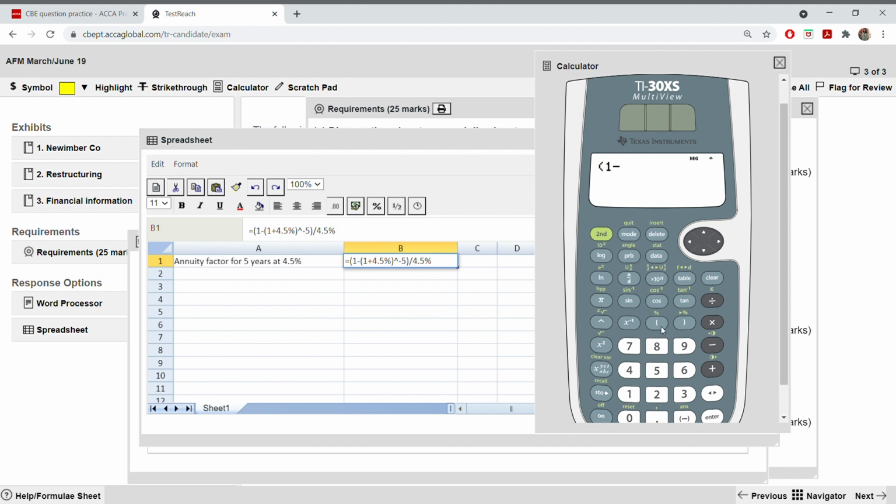1 minus, 1 plus 0.045, to the power minus 5.